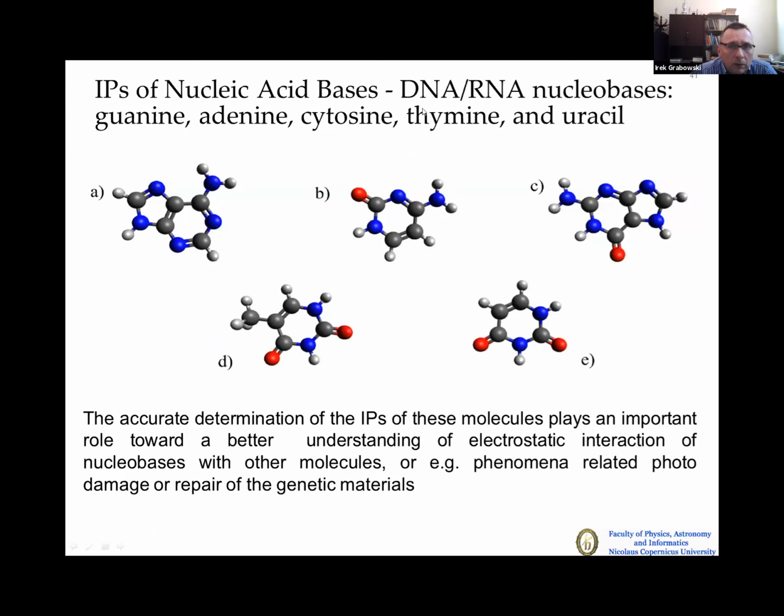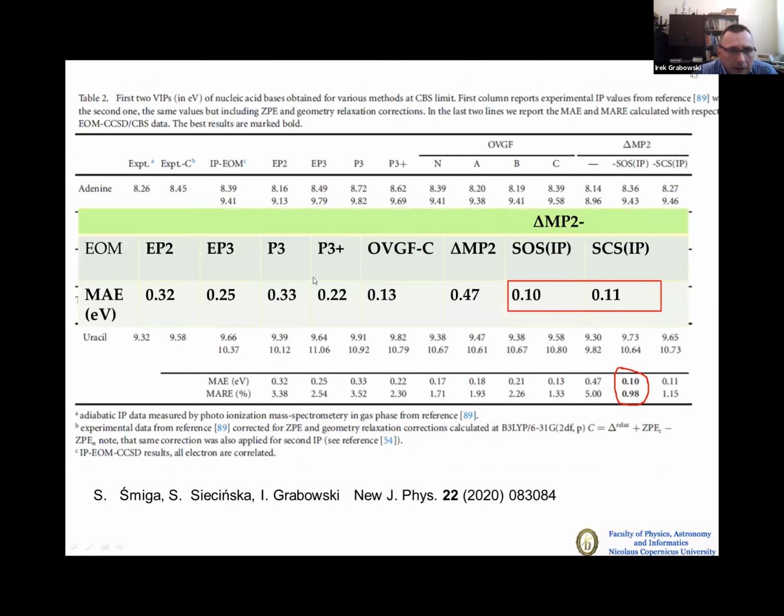We move on to some examples of real, not real, but bigger systems, some DNA, RNA nucleobases like guanine, adenine, cytosine, and so on. The knowledge about IPs is important because people want to understand the electrostatic interaction of the systems with other molecules. So results are here, and again the error.